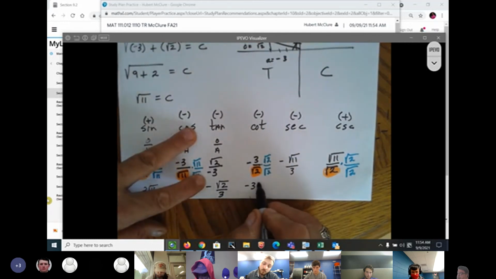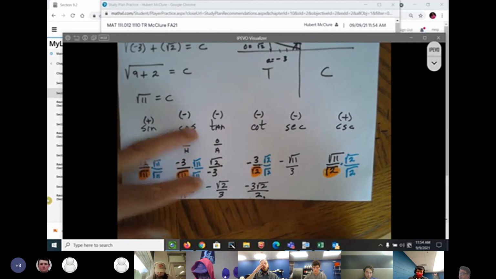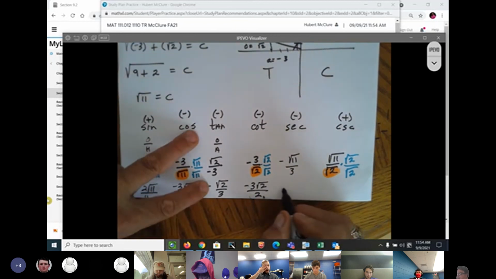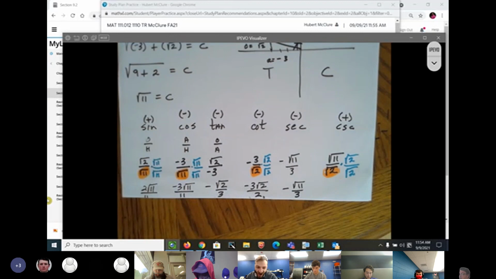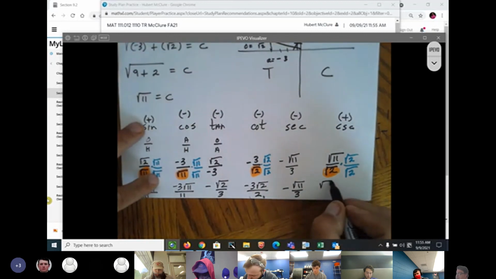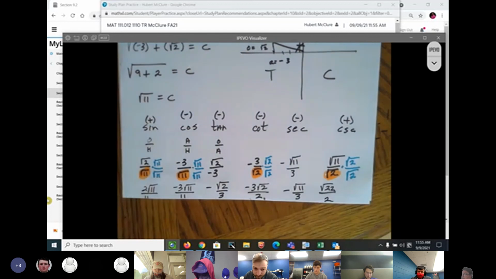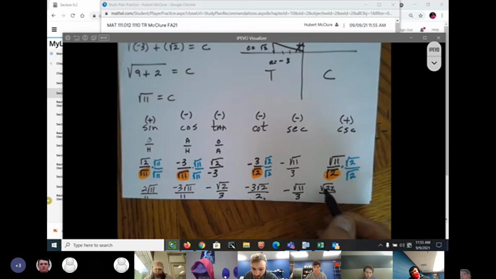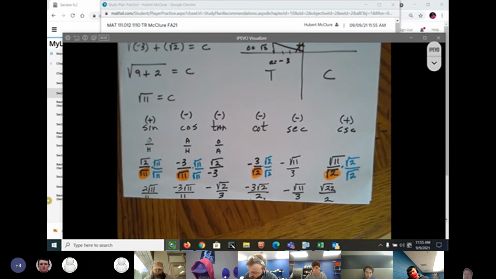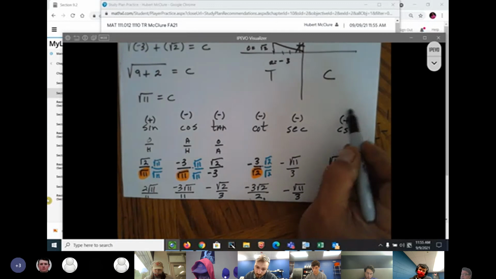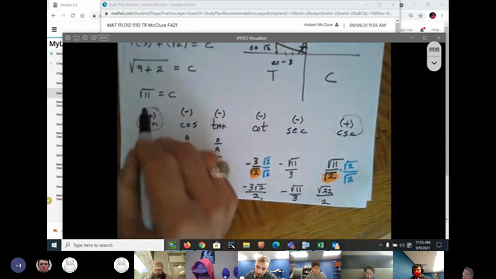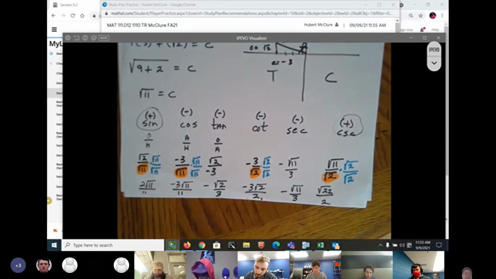Negative 3 square root of 2 over 2. Negative square root of 11 over 3. And the square root of 22 over 2. Now you can't fool with that. That's your answers. And look, positive, positive. Kind of a way to check yourself.